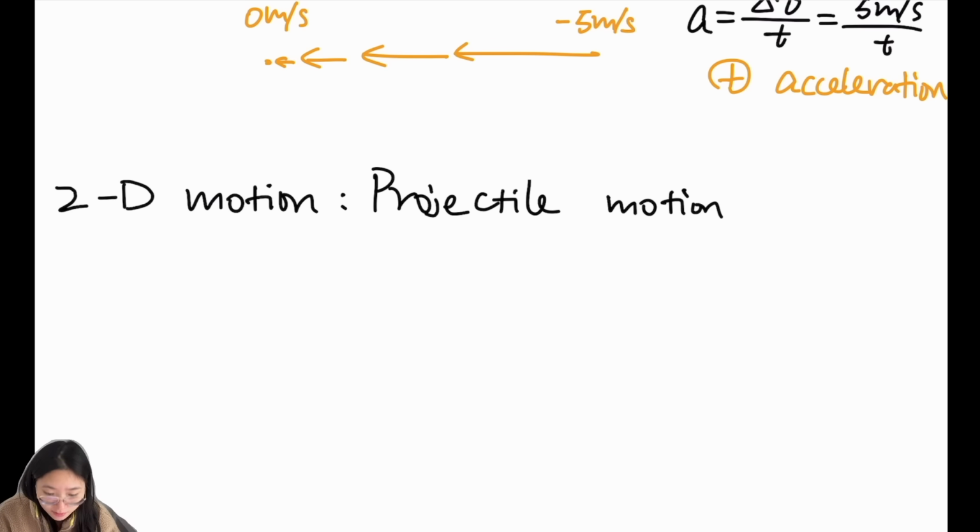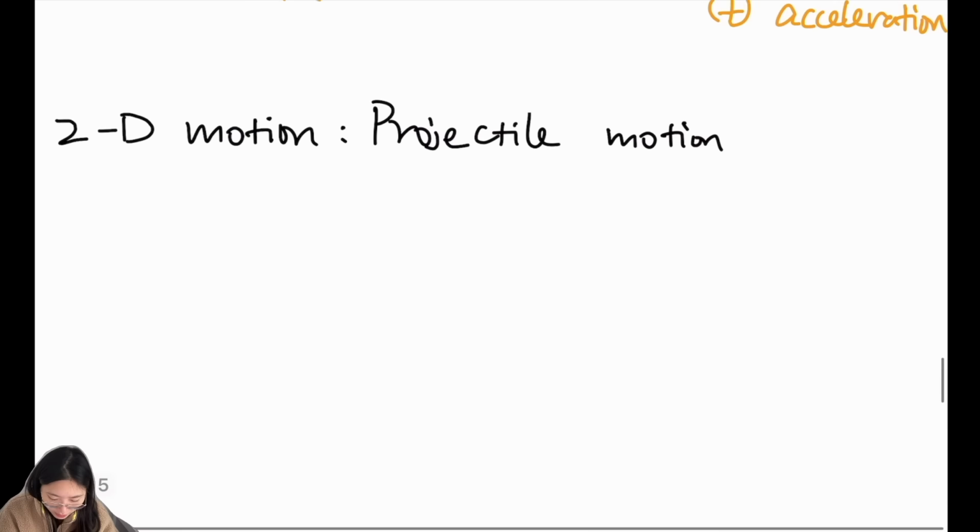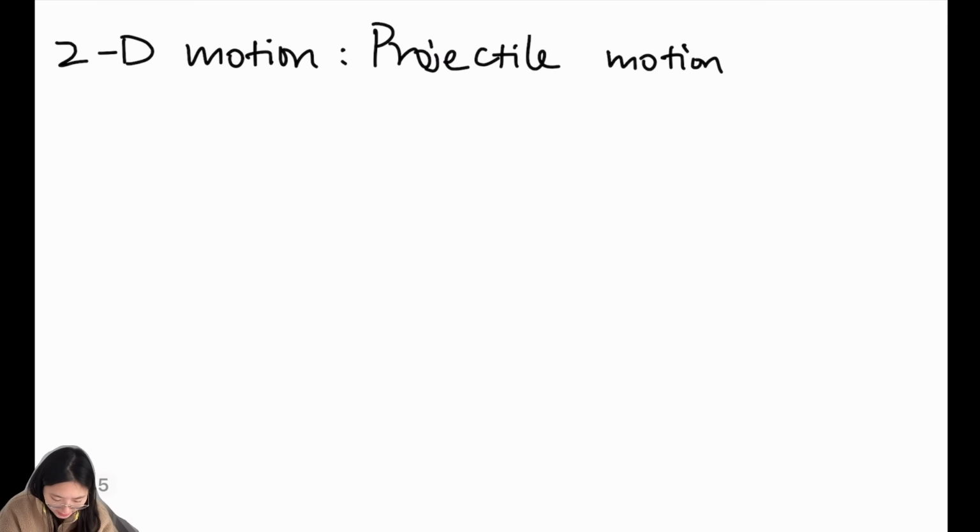But as for linear motion, the initial velocity is either zero, or its velocity is in the same direction or the opposite direction of the acceleration. While in projectile motion, its initial velocity is not in the same direction as the vertical line, or the gravitational acceleration.